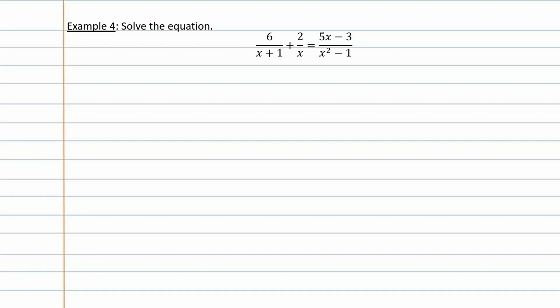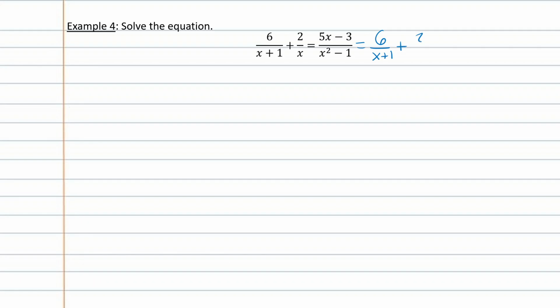All right, the next one here, I have 6 over x plus 1 plus 2 over x equals 5x minus 3 over x squared minus 1. All right, same thing here. We're going to factor anything that can be factored. Okay. The first one can't be factored. It's just a 6 over x plus 1.